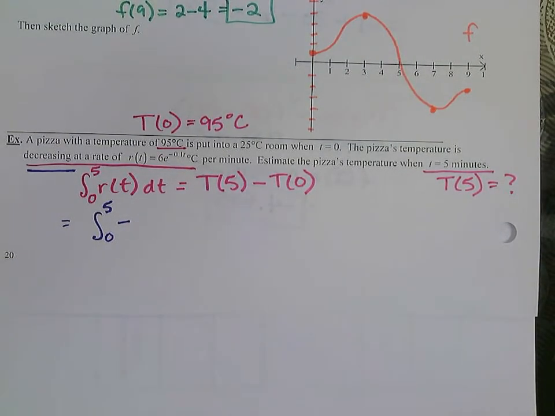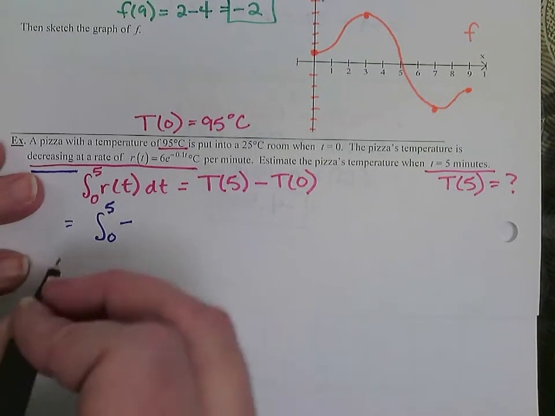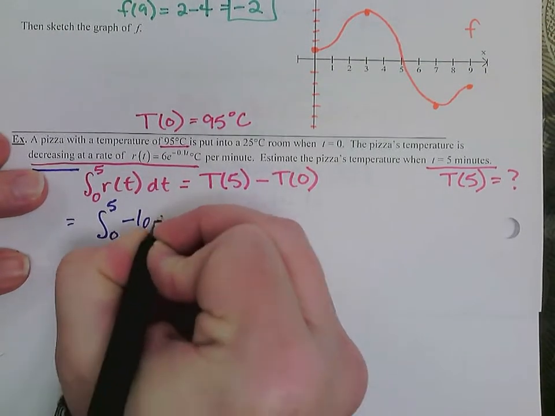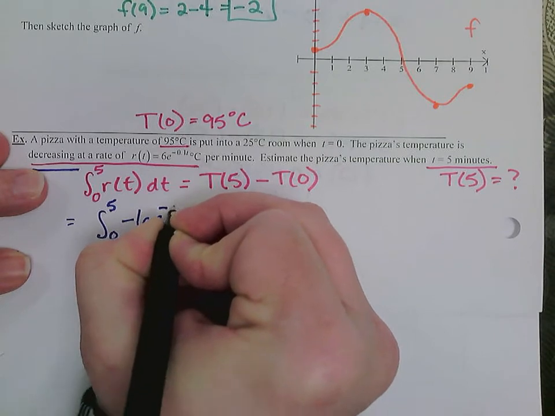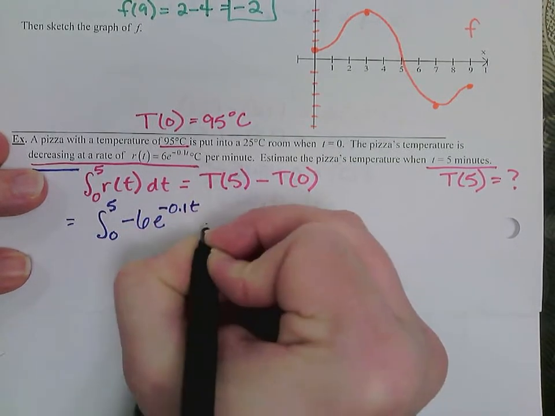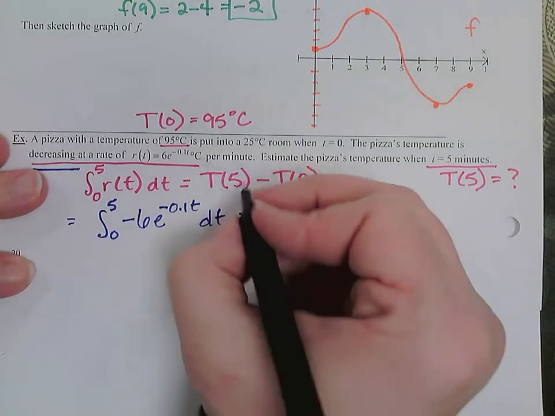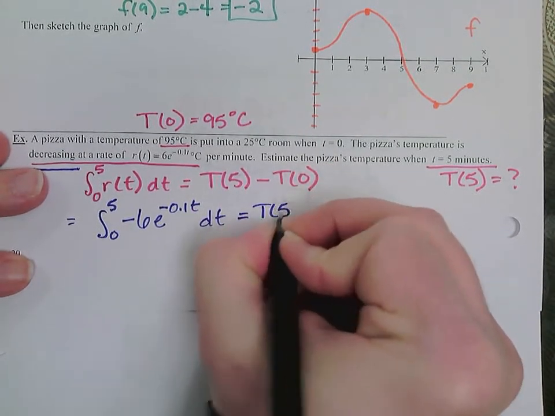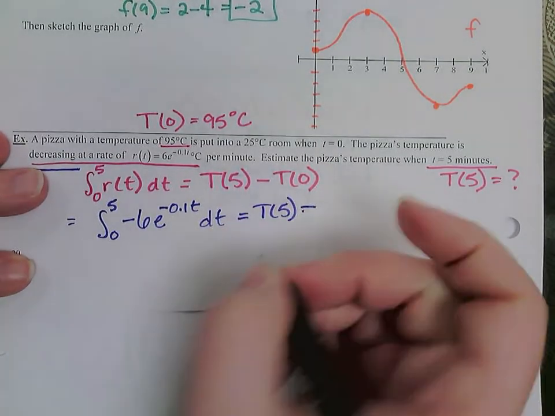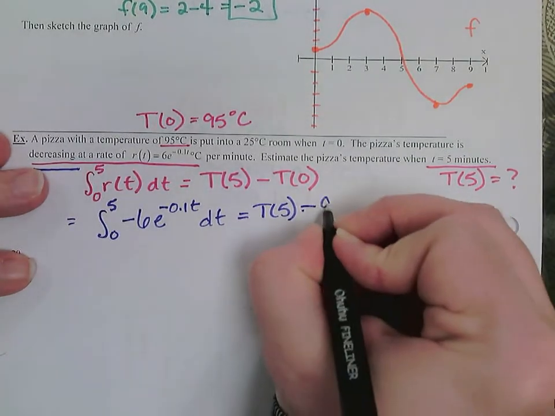So we're going to integrate negative 6e to the negative 0.1 T with respect to time. That's going to tell us the difference in the temperature at time 5. Well, we don't know what that is, but we do know the temperature at time 0 is 95.